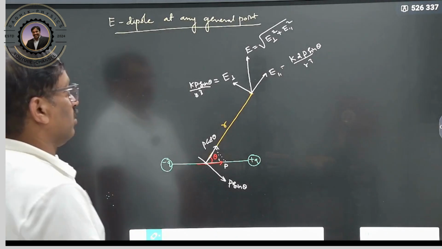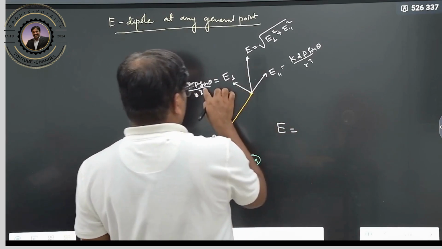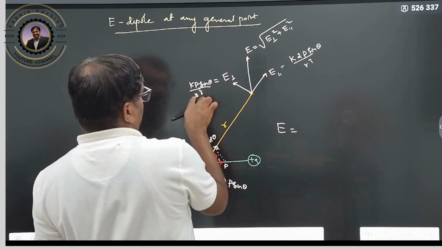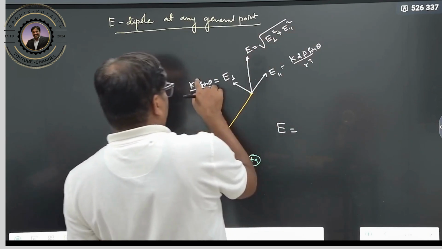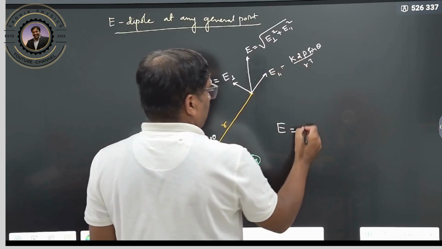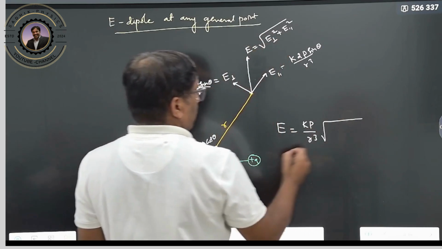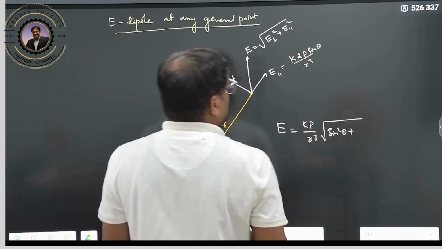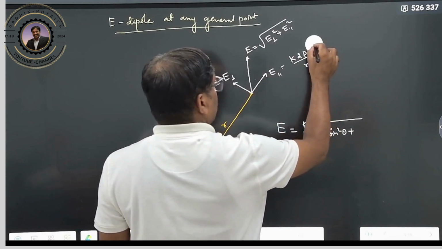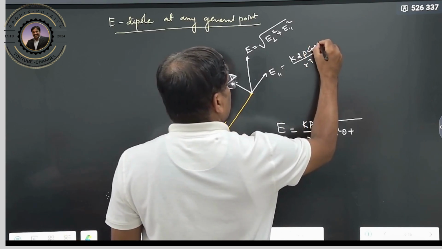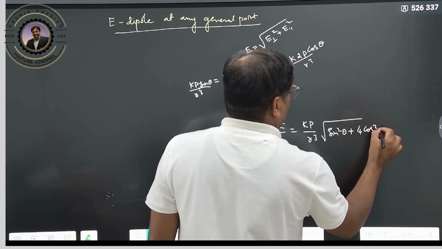So what will be the electric field at any general point? You can rewrite it, taking Kp by R cube common, out of the root. It will be sin square theta plus 4 cos square theta.